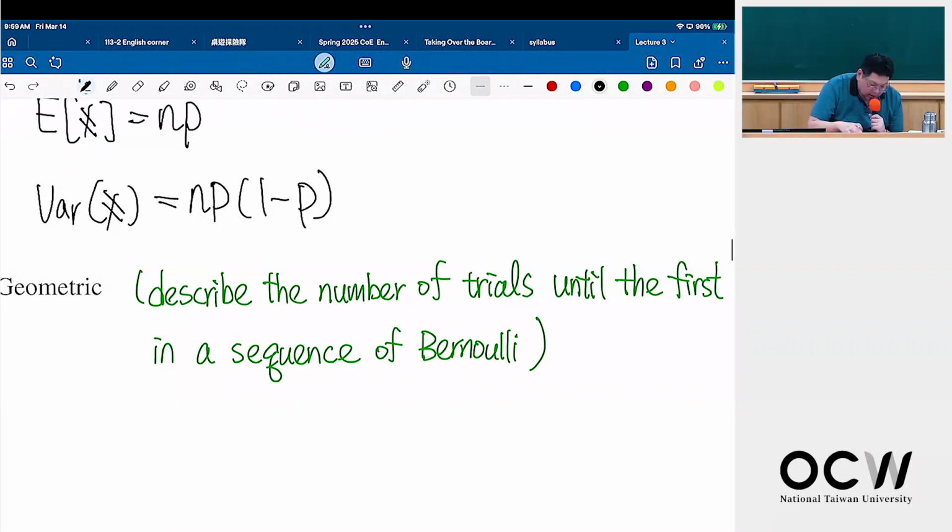Then the PMF: I only have one success, so it's p. And before the success, I failed k minus 1 times.